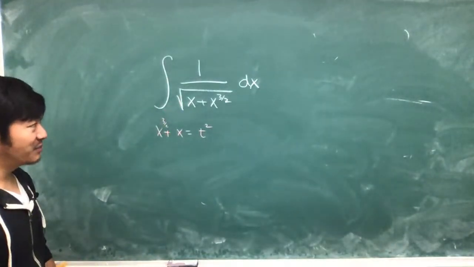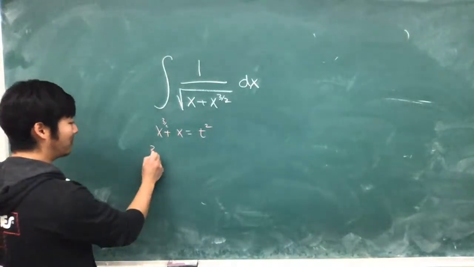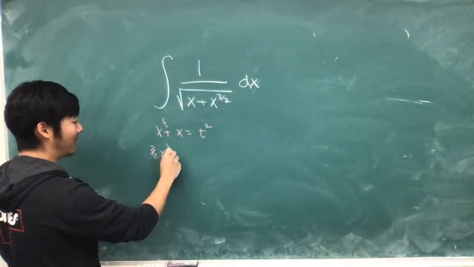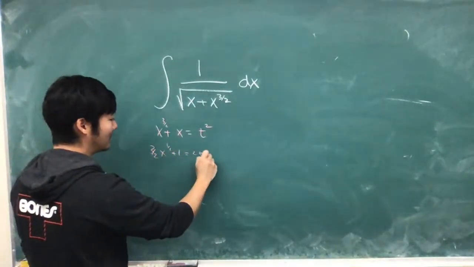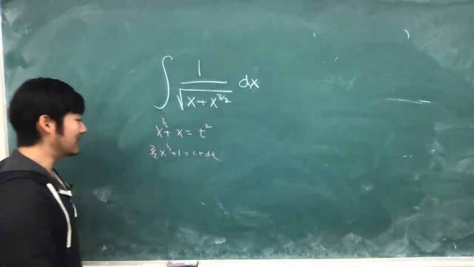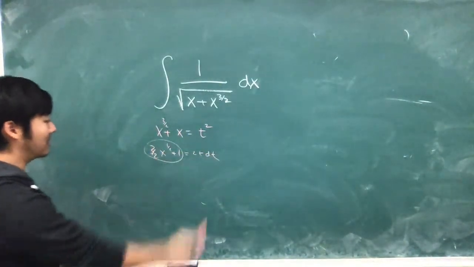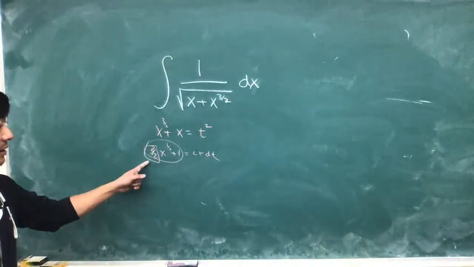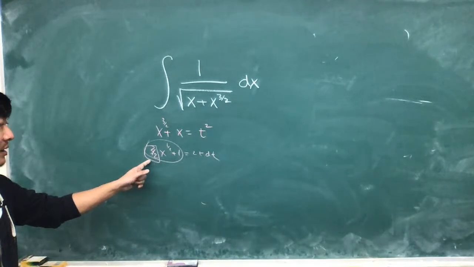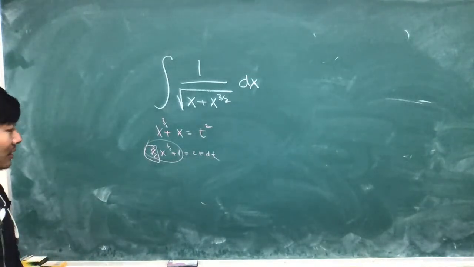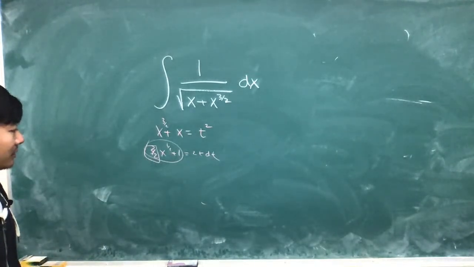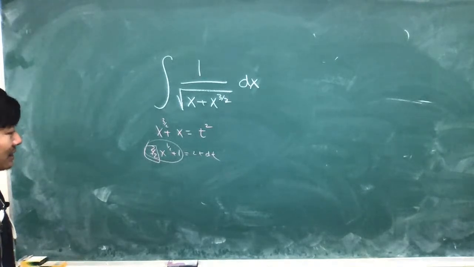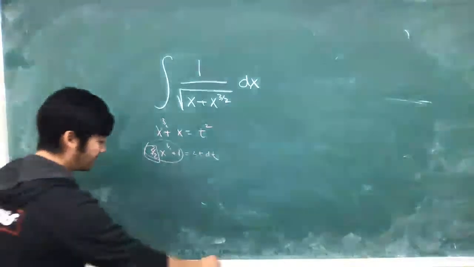But then this is bad because you have 3 over 2 x to the 1/2 plus 1, 2t dt. And then this is kind of hard to deal with, especially the 3 over 2 here. So I don't really see a way to do it like this.